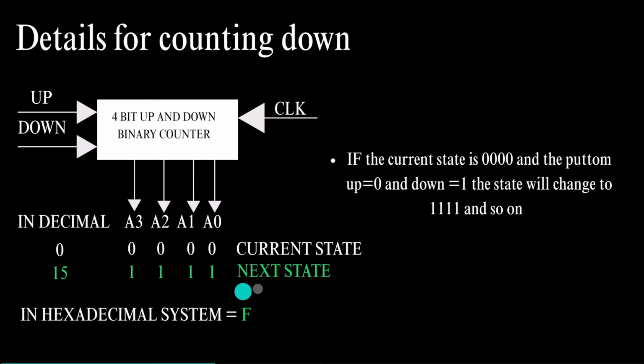In the hexadecimal system, 15 equals F. It's really important to understand that we are in a loop, counting from 0 to 15 and then coming back to 0.